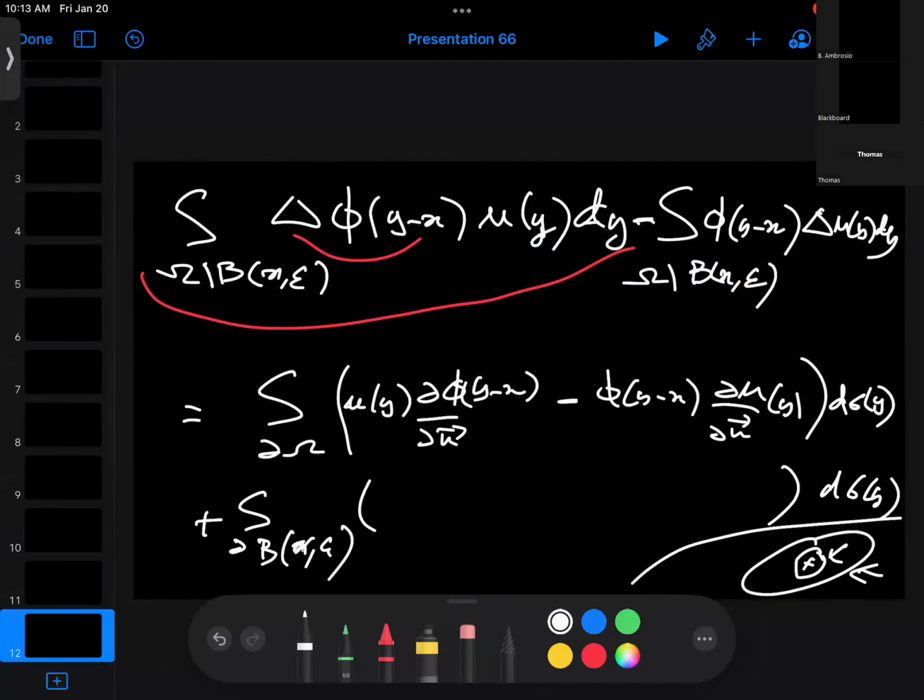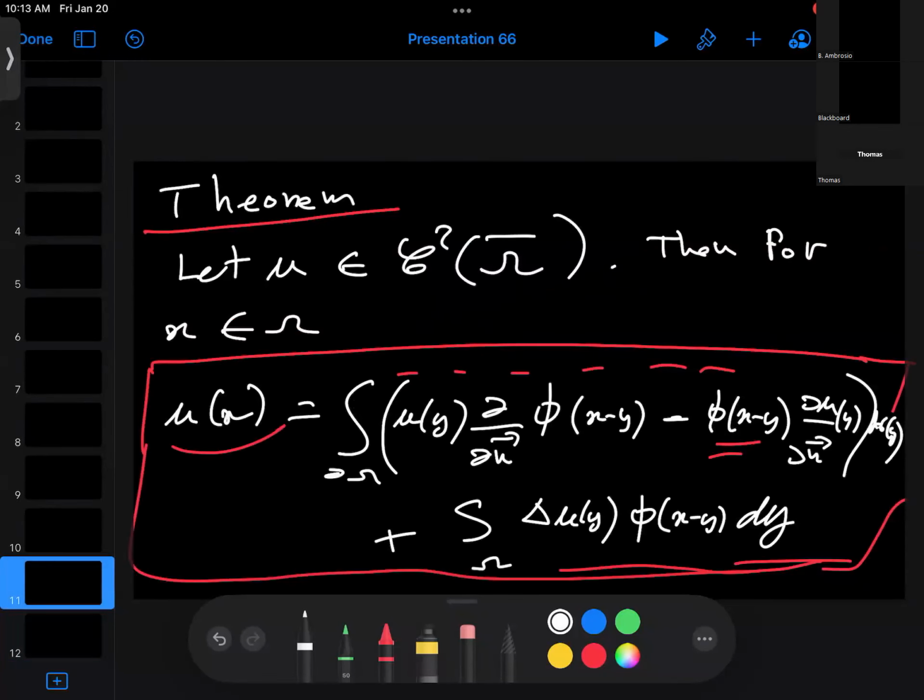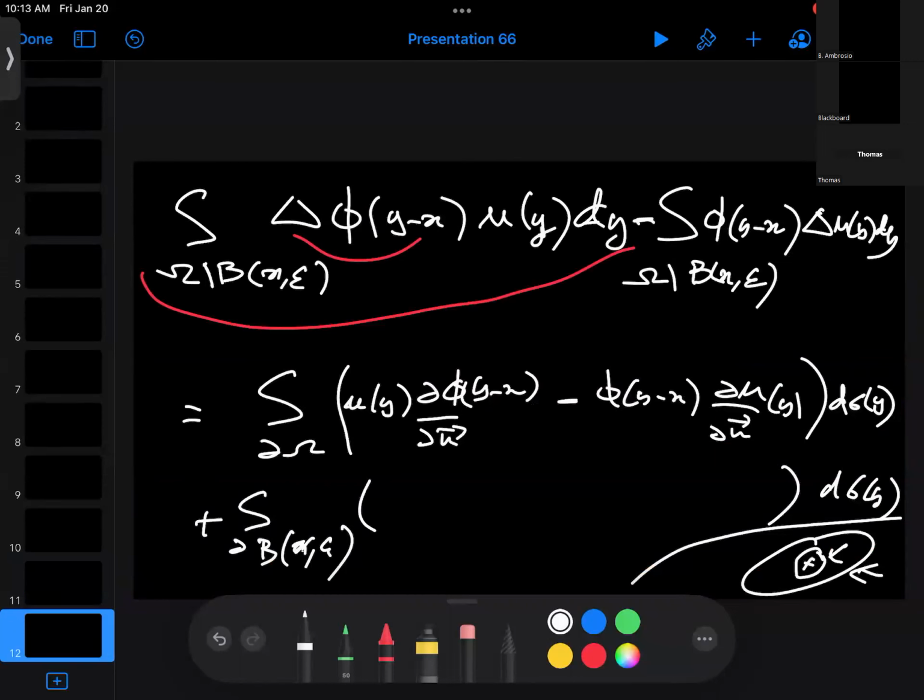All right, now I need to work on that. So next, what we are going to do is take the limit.